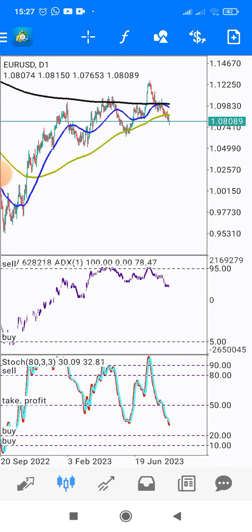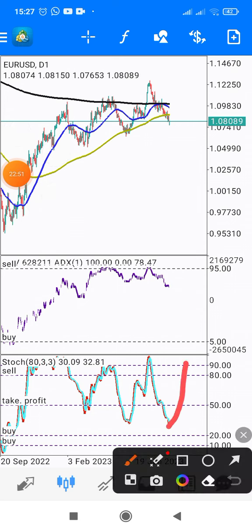So on a daily chart, it means we still have to wait for this stochastic to come back at that point, because this one is still at the maximum. This is on a daily chart. So we are supposed to wait for it to come back to level 90, then it turns to 80, then we enter the market.